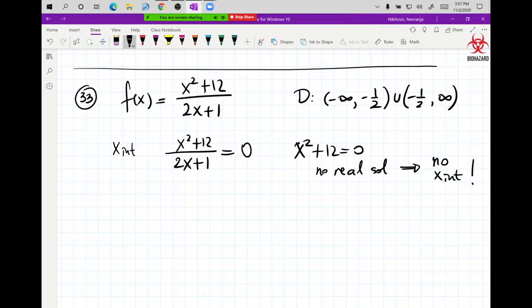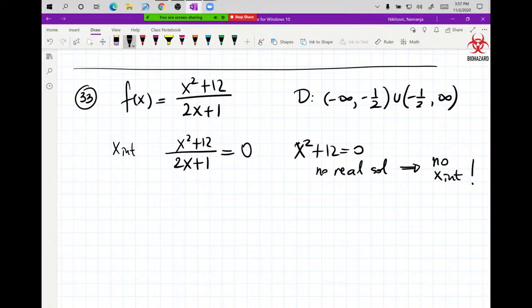And that's a big deal. This means that the function never crosses the x-axis. So everything is happening below the x-axis or above the x-axis or in both regions, but the line never goes through the x-axis. That's a big statement.